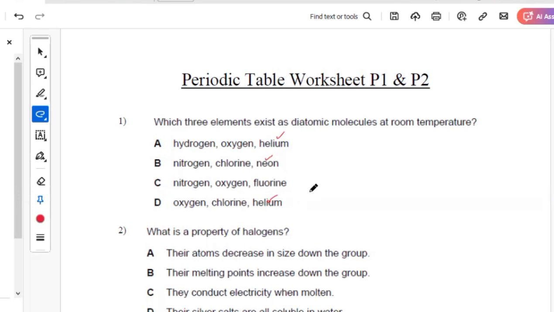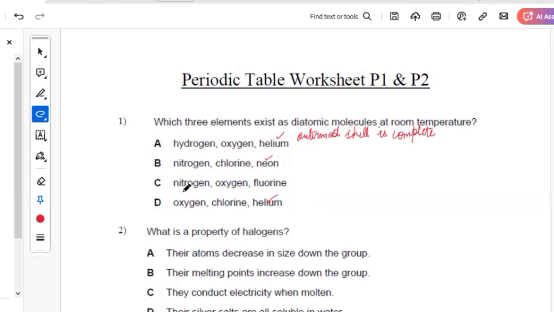Why are we calling them monoatomic gases? Because they don't combine with any other atom, as their outermost shell is complete. Since the outermost shell is complete, they don't make any covalent bond with any other non-metal.